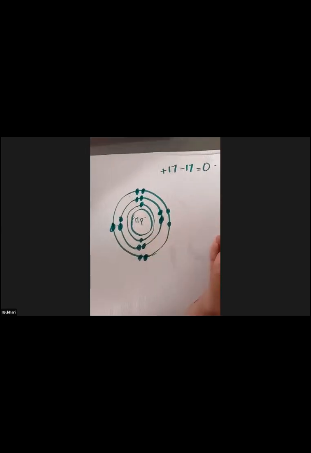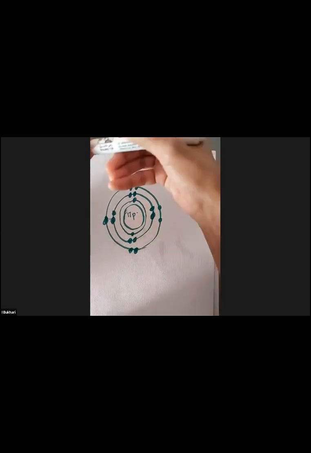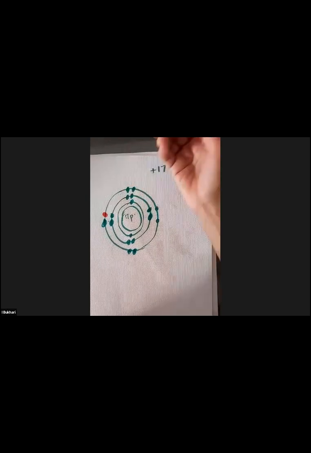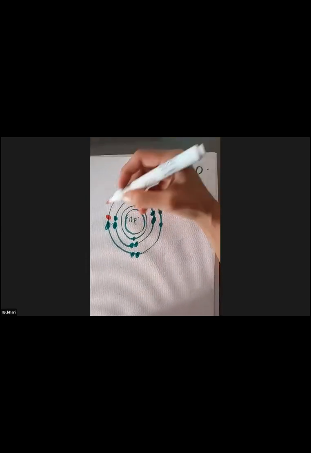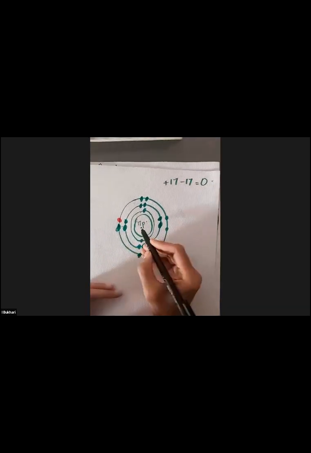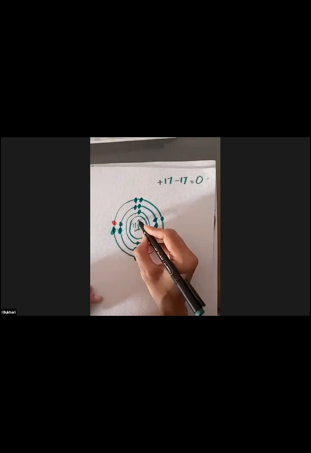So it is a neutral atom, right? Now, if it gains 1 electron, and I'm drawing this with a red marker because this came from, let's suppose, hydrogen in hydrogen chloride. This electron is gained from hydrogen. Now, proton number is still the same, okay? 17 protons, and protons are positively charged.